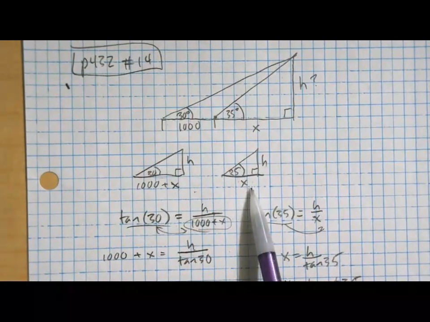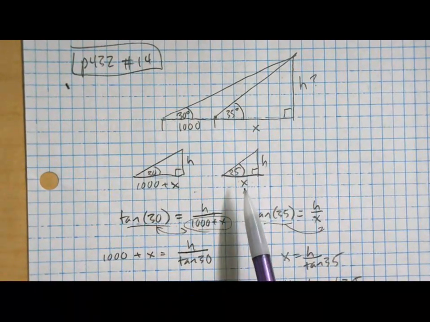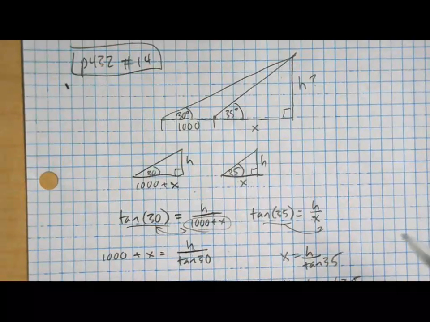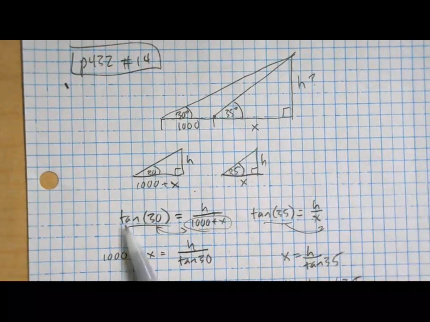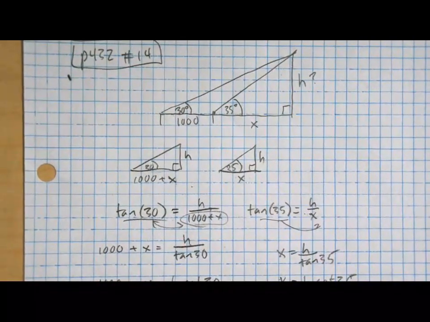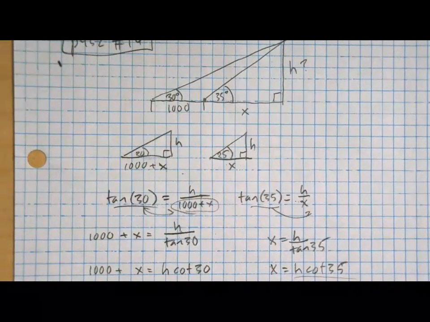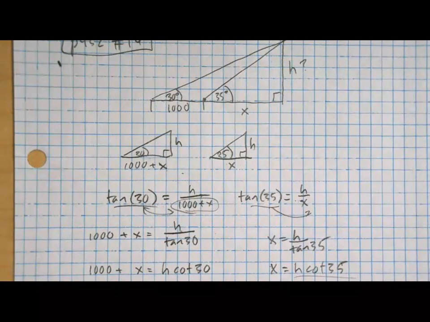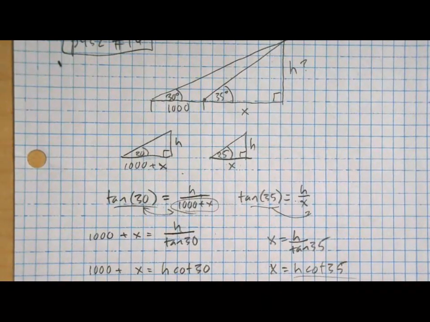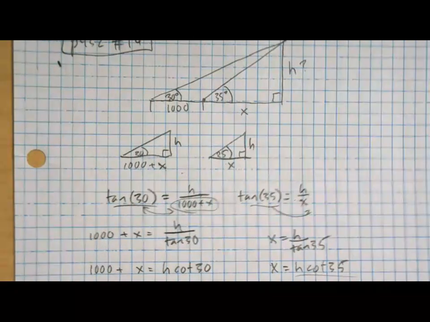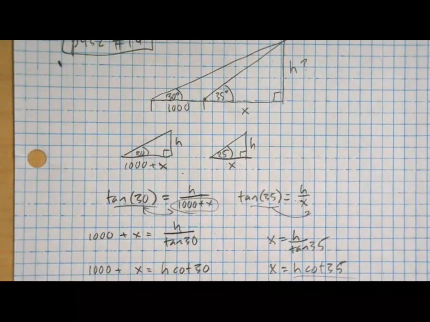The other one will be just that variable. And the process is always going to be the same. Write a simple SOHCAHTOA equation for your two triangles, and then get that variable by itself, and you'll be able to stick those two equations together and solve. They don't always turn into cotangents. Some of them will be tangents. But yeah, they follow the same process.